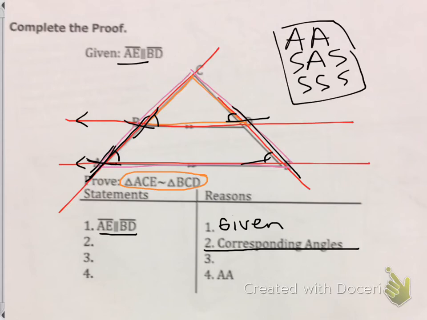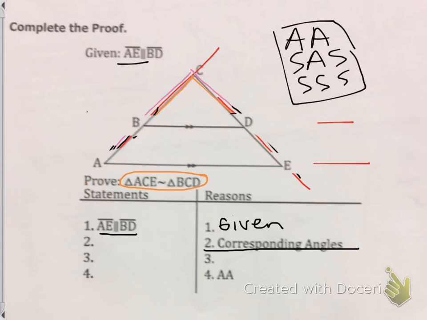I'm going to erase all my drawing here so that I can get some of this stuff out of the way, and we can write a congruent statement here with our angles. I want to mark this angle congruent to this angle because of parallel lines cut by a transversal, and those are corresponding angles.